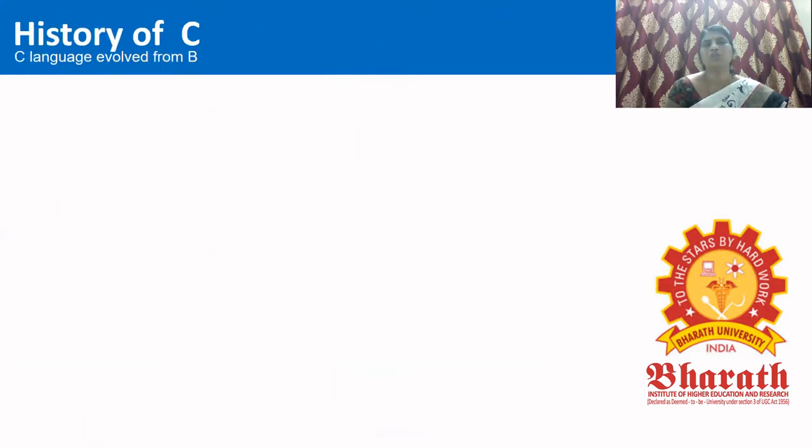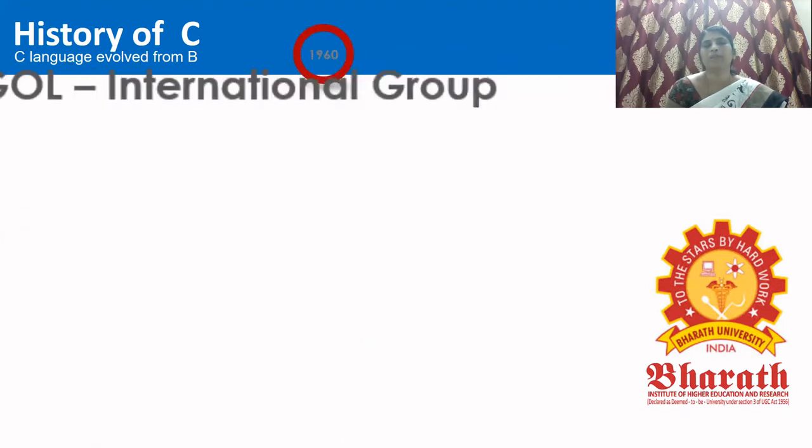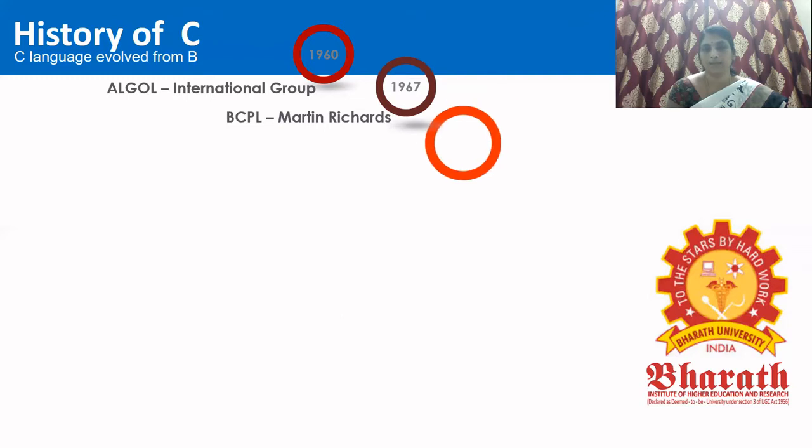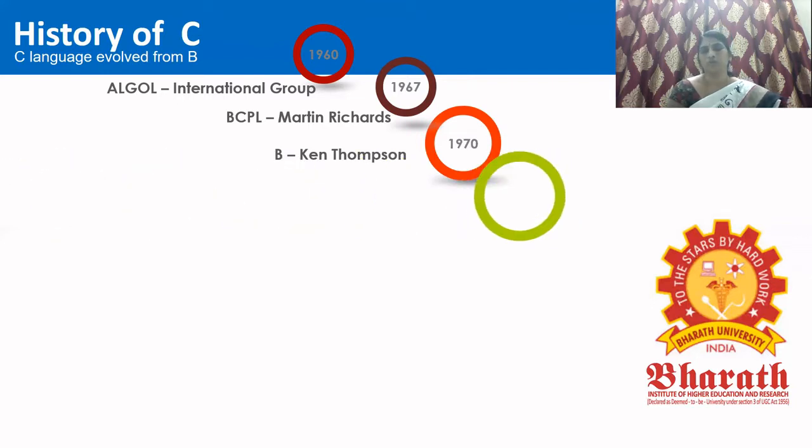Coming to the history of C, that is how the language evolved from B. In 1960, the ALGOL international group was the first to give the algorithmic approach to programming languages. In 1967, Martin Richards founded BCPL. In 1970, the B language was created by Ken Thompson, which forms the basis for the C language.